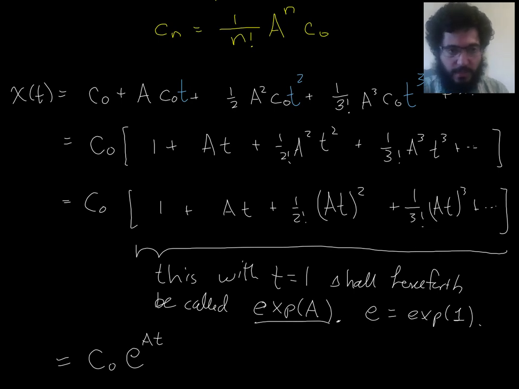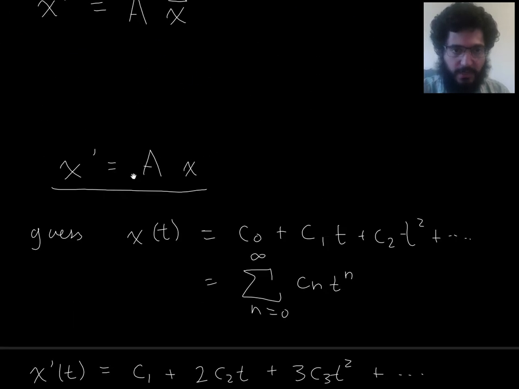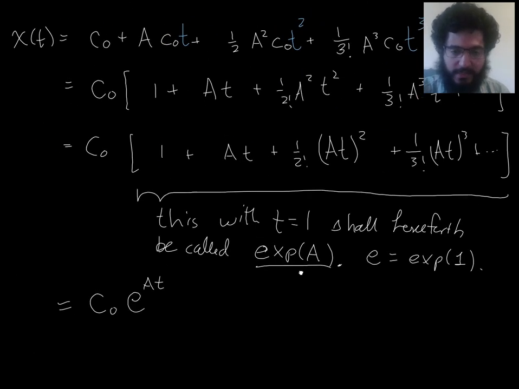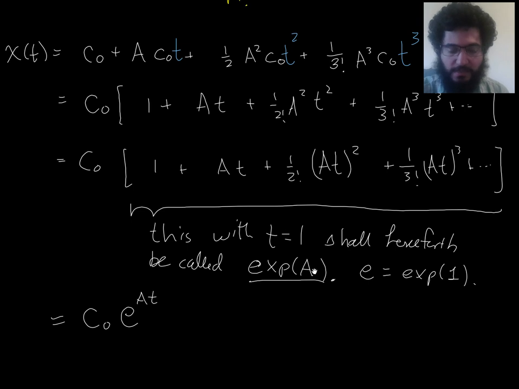All right, so in our pursuit of a solution of x prime equals ax, we discover this function exp a, the exp function. And as a side effect, we also discover this magical number, which is the value of that function at 1.